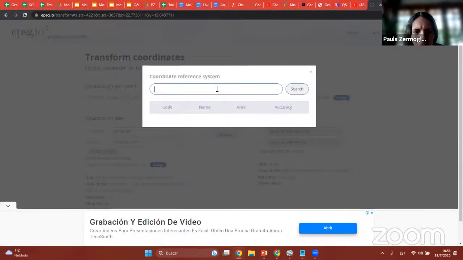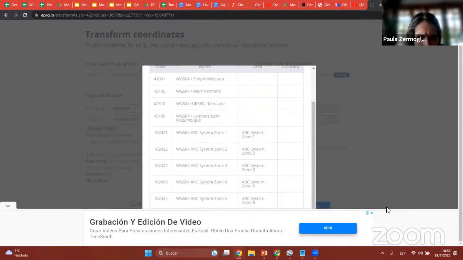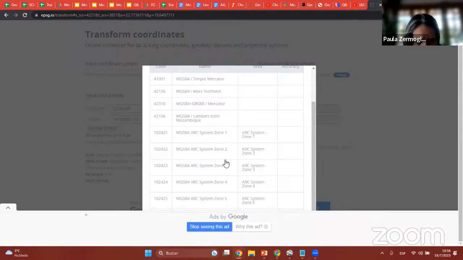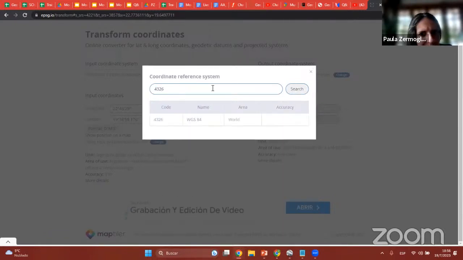I can choose another, WGS84, search for that. And so what is the code that I want? Can't see it with these ads now. What is it? 4326. See if it finds it like that. There.